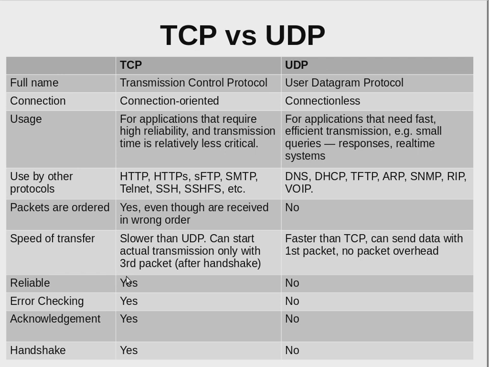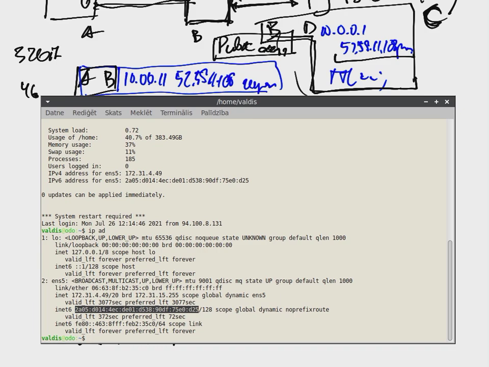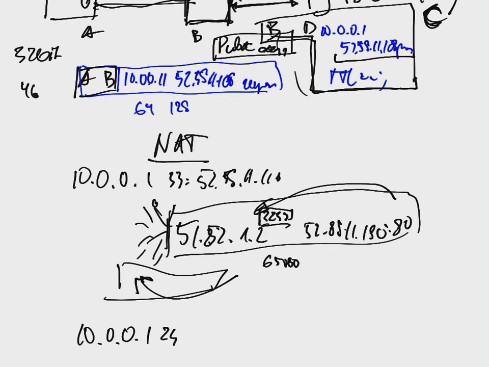If something was not acknowledged as received, this packet is retransmitted automatically, and before any sending of data it does a so-called handshake. What is a handshake? A handshake is an exchange of packets to ensure that the network works.